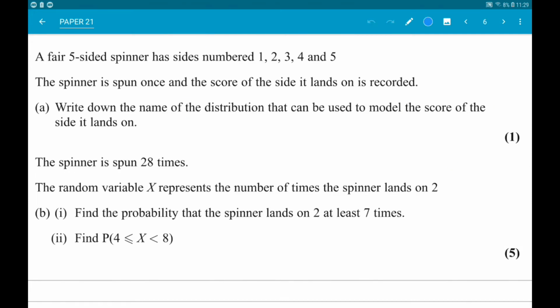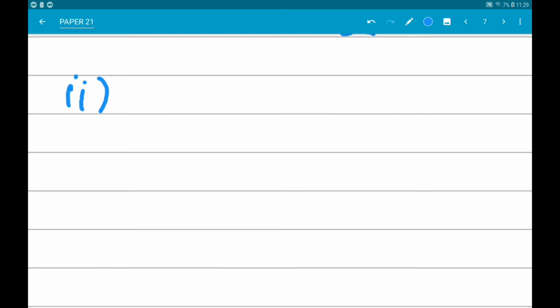And for part 2, we want the probability x is greater than or equal to 4, but less than 8. So, that means then we are interested in 7, 6, 5, and 4.